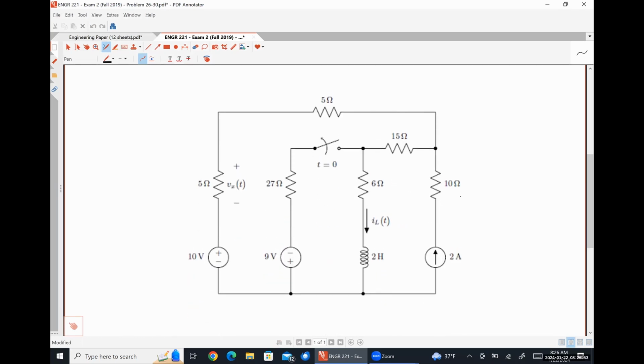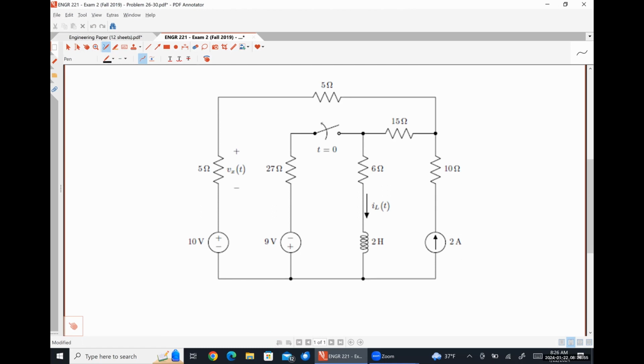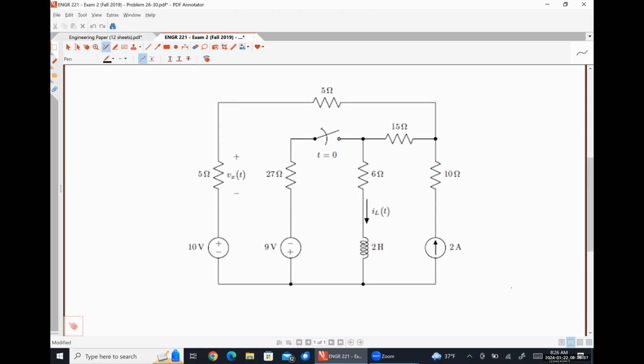All right, so here's something. Let's say that we are going to analyze this circuit and we are going to try to determine what Vx of t is and what IL of t is, using our process here. The first thing is that I can definitely see that this is a total response problem because that 2 amp source and that 10-volt source are not in any way touching the switch.